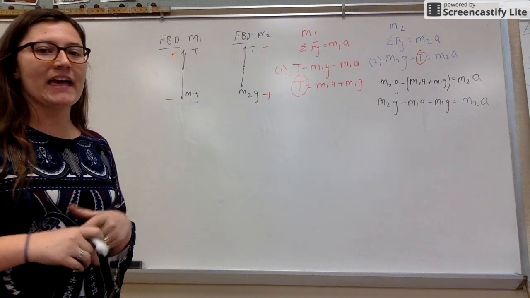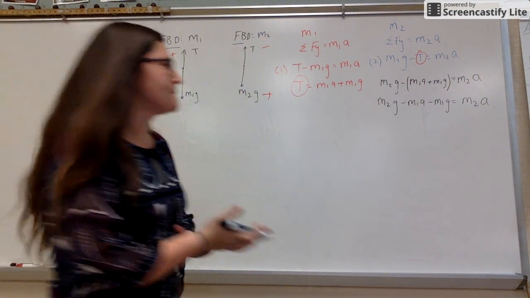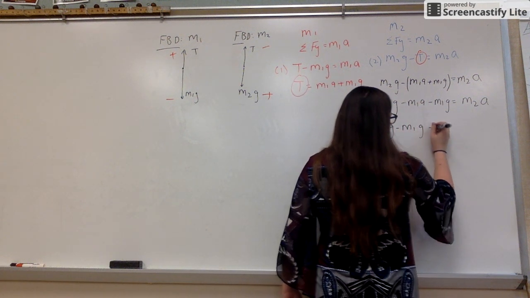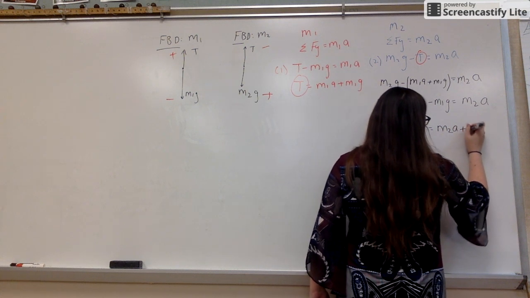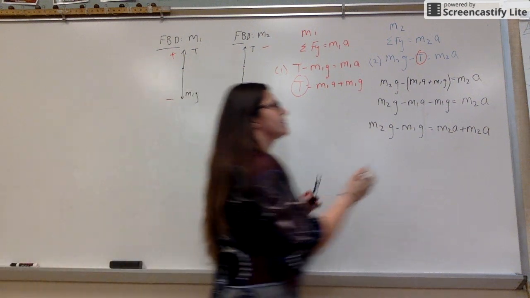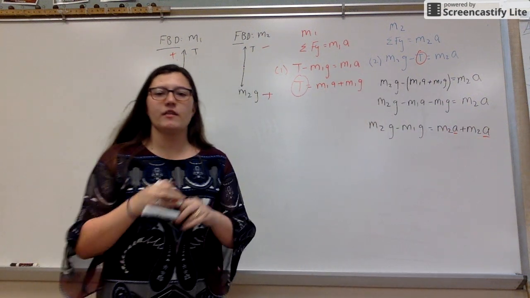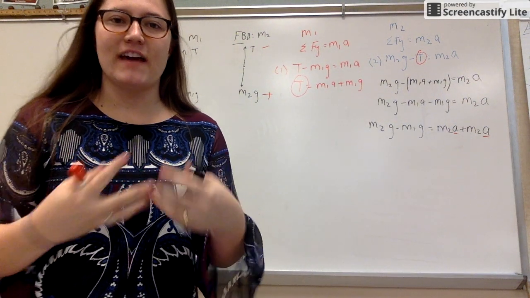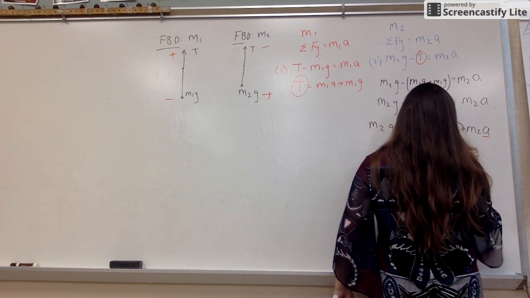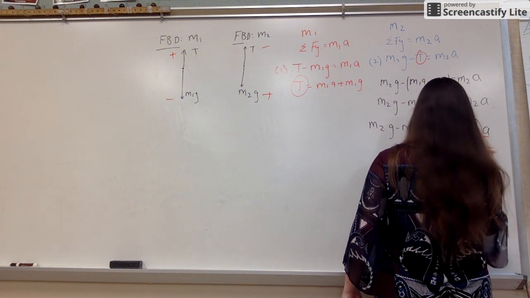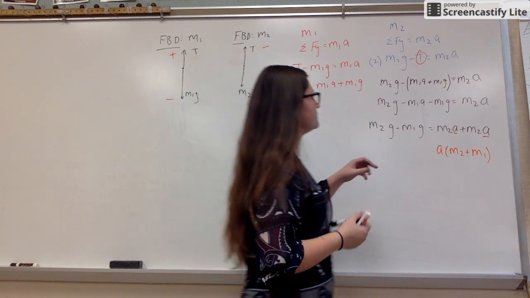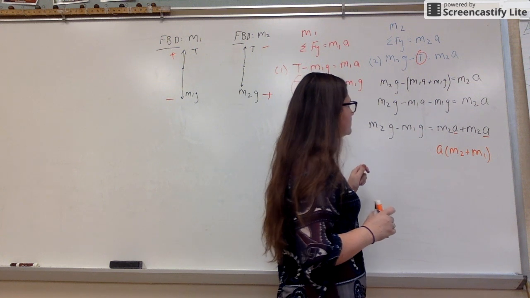So I'm going to add m1a to the other side of our equal sign. You'll see that we have two a's here. We want to get them by themselves, so we're going to factor out that a.